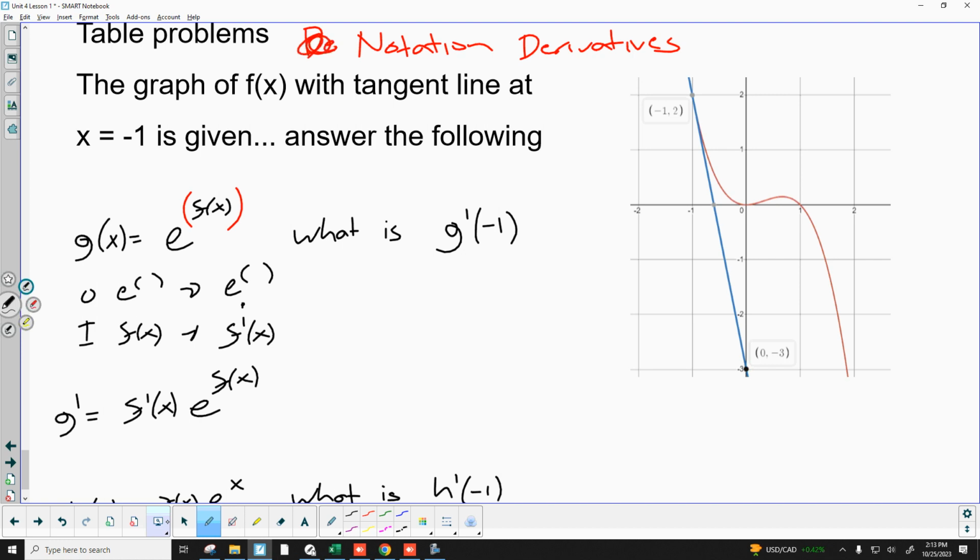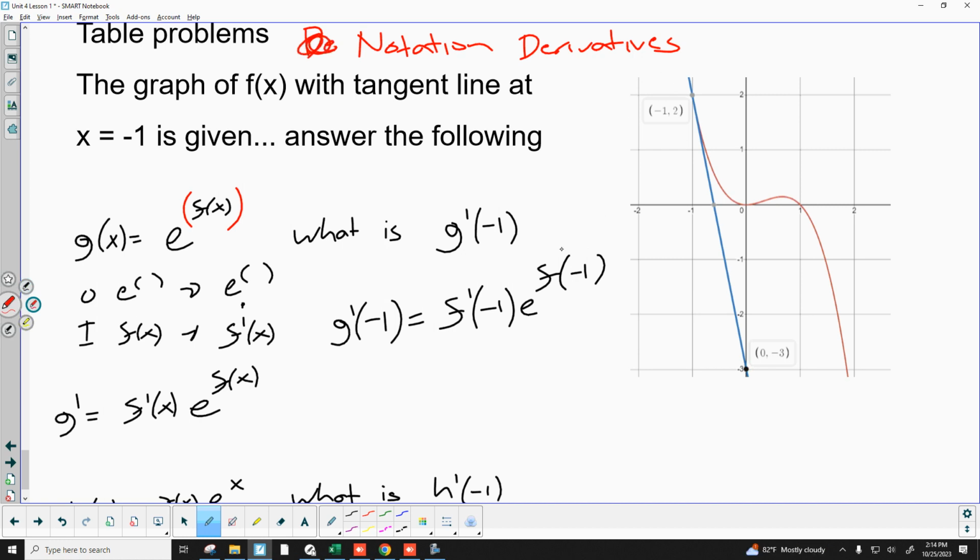This is your notational derivative of e to an f. Now I'm going to plug in negative 1. And now you guys are going to talk to your neighbors, we got more stuff to do.